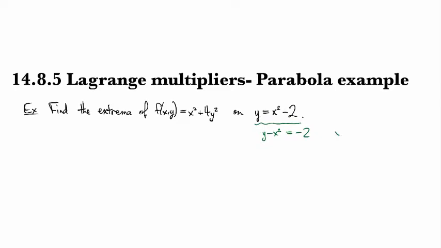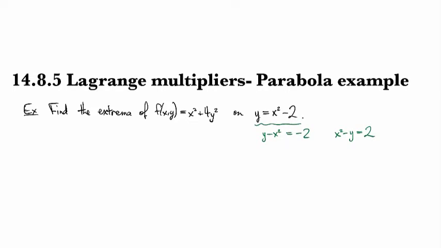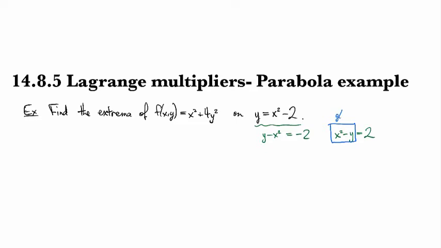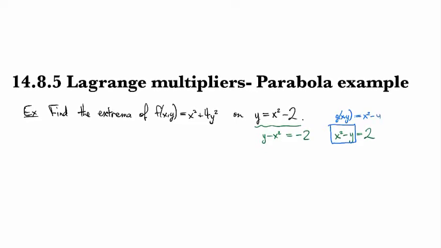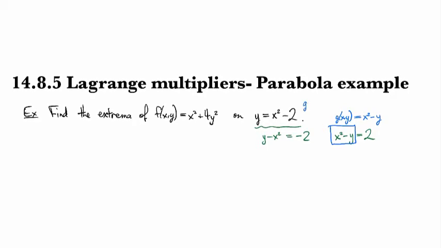Or, if you like, it's x squared minus y being set equal to 2. And since I have some unnatural disagreement with negative numbers, I'll just go for this one. So I'll take this to be my constraint function, x squared minus y. And so we're looking at the level curve, which is where g is equal to 2.